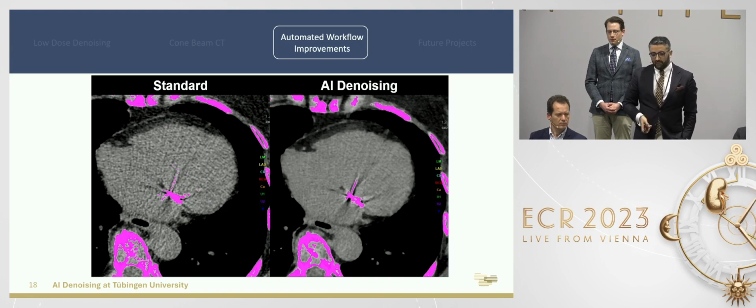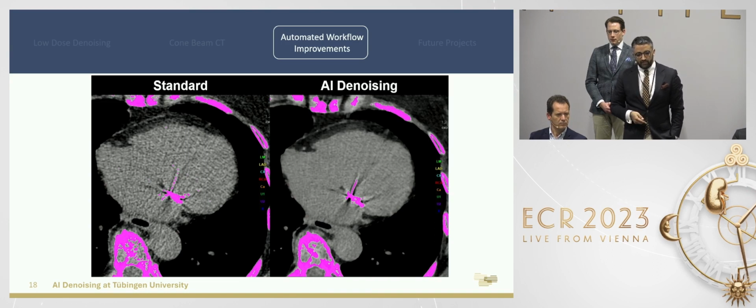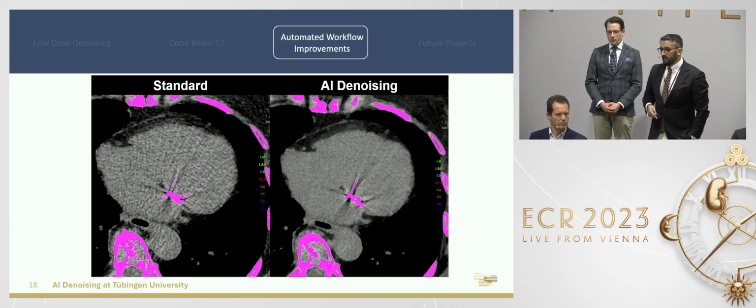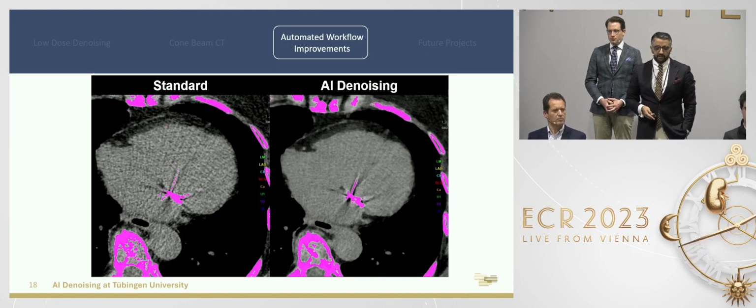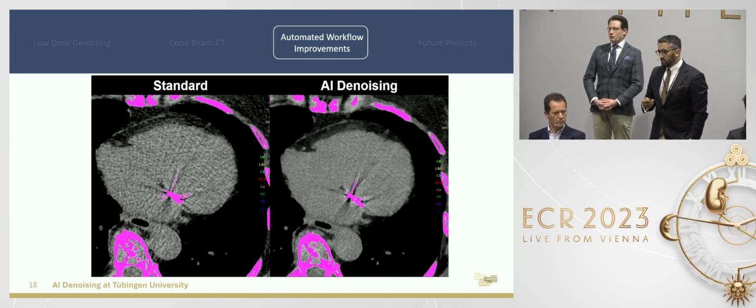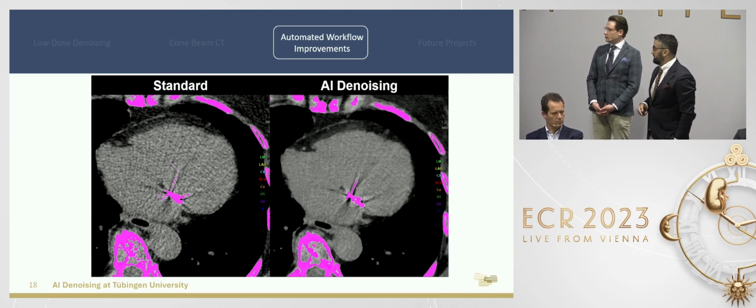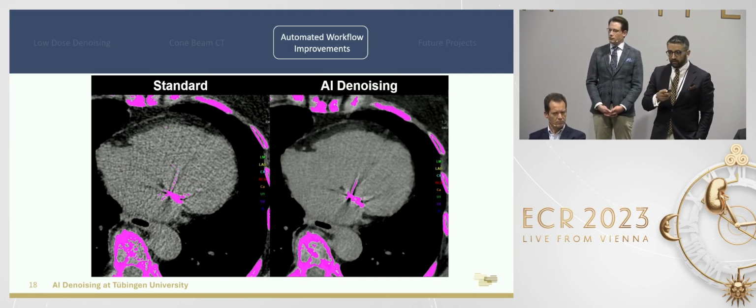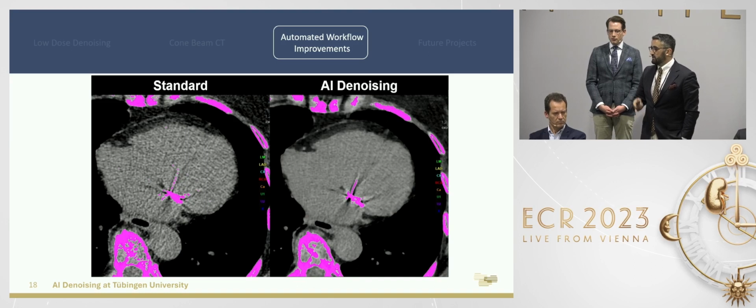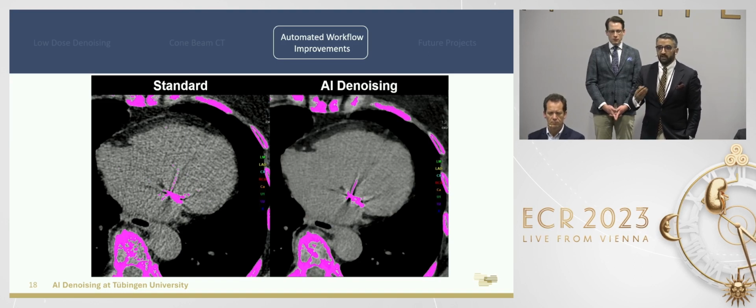And what we noticed, if we do an AI denoising on the data set and then we run a Syngo.via workflow, it works smoother. We even stopped the time, and it was significantly better with AI denoised images. You don't have to correct that much from the automatic detection software. So this is like another field of the AI denoising. It's not only about getting the images better, but also making the life of a radiologist easier.